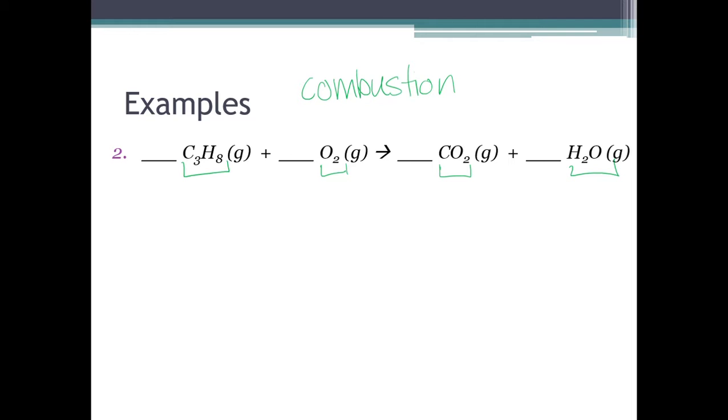So good news, bad news about your combustion problems. They are the easiest to identify, and they can be among the trickiest to balance. That oxygen can cause some problems. So let's go ahead and take a look now at balancing this. We've got carbon, hydrogen, and oxygen on the left. We have carbon, hydrogen, and oxygen on the right.